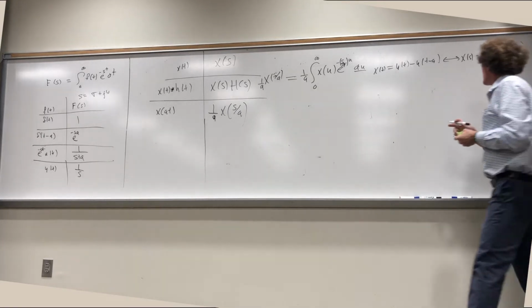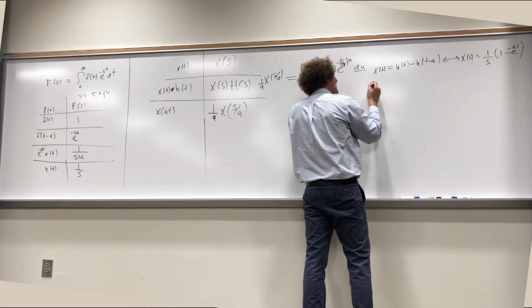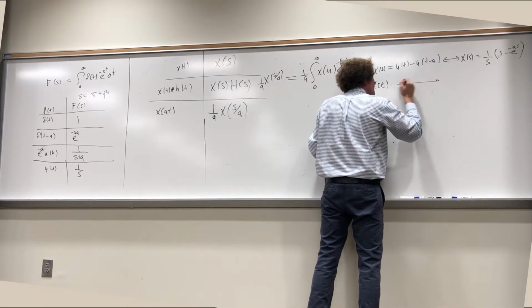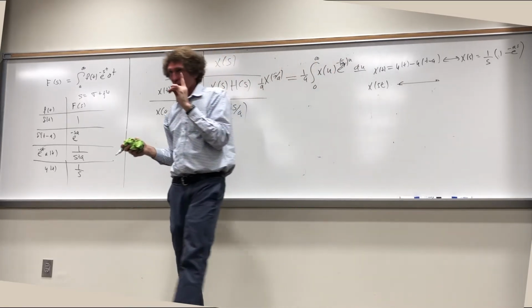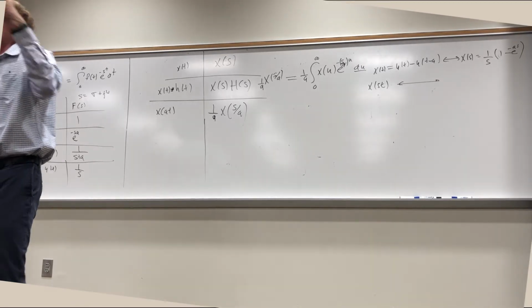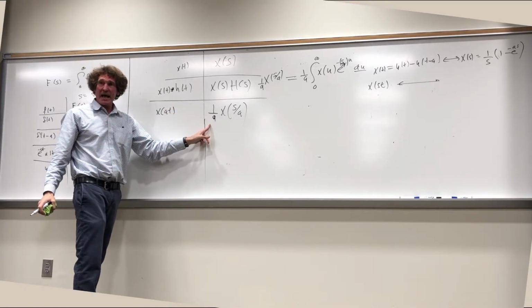Now what happens if I have, remember, this is my definition of x of t. What if I have x of 5t? What happens? I want the transform of it. What do we do? What happens in the front of it? It becomes what? 1 over a. What is a?